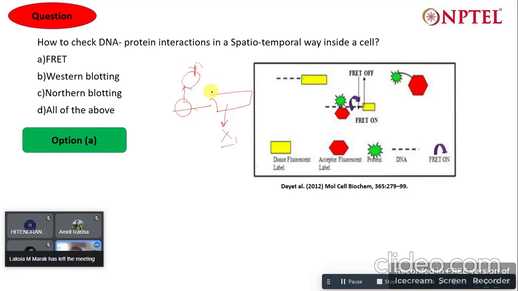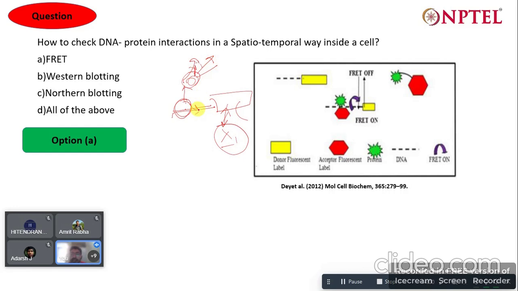Considering this to be the donor and this to be the receptor, we excite the donor at lambda 1 and check for the emission wavelength of the protein's reporter. If the protein and DNA are interacting, then the emission from this particular reporter will be there.